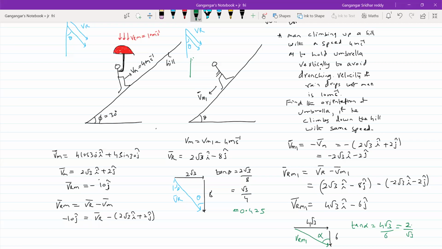The value is 23 degrees. This theta is 23 degrees. For 2 by root 3, root 3 value is 1.73, so 2 divided by 1.73. Sir, tan inverse gives 49.1 degrees. Okay, fine. Yeah.